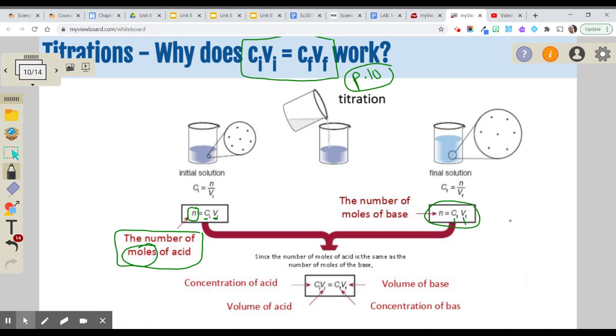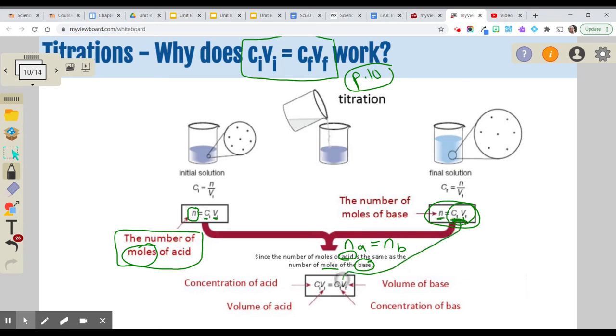Now, we know at the end point, right? At the end point, the moles of the base have to equal the moles of the acid, right? So moles of acid equals moles of base. So if you sub in your CV, that's the moles. That's going to equal the moles of base, right?